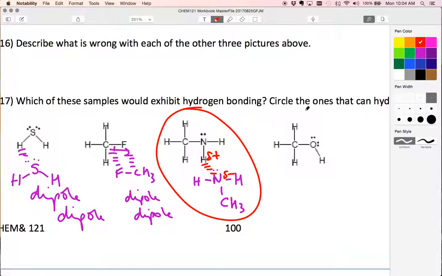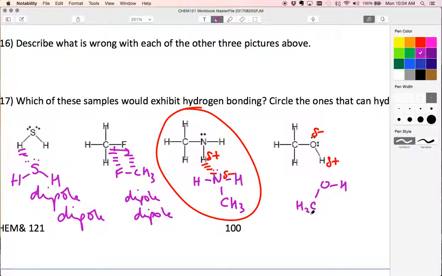What do you think about this last one here? Hydrogen bonding or no? Well, exactly like this one, NH bonds and OH bonds are polar. So this is partial positive, and the oxygen is partial negative, and it's very polar here. So I can draw another hydrogen bonding interaction like this.